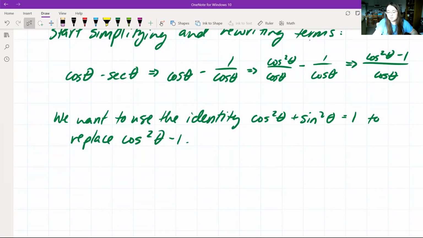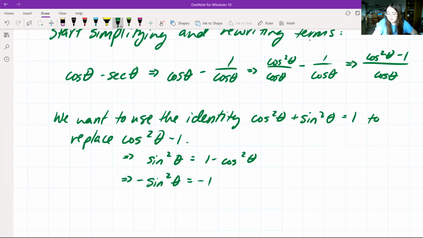So if we have cosine squared of theta minus 1, if we want to rewrite this, we can end up with a sine squared theta, but this is going to give us 1 minus cosine squared of theta, and we have cosine squared of theta minus 1. So if we just flip those terms, we can now say negative sine squared of theta.